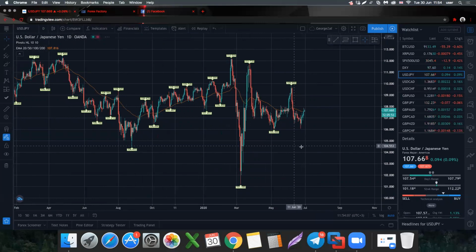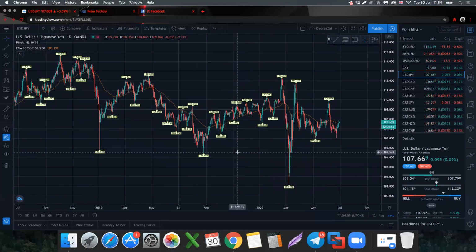On day 1, I just draw some support and resistance. I take this tool and grab it.